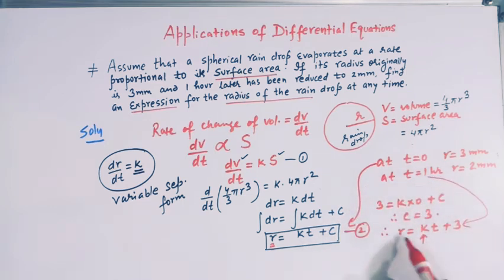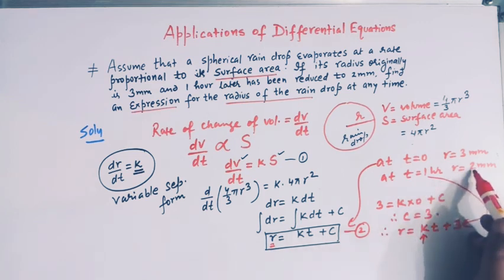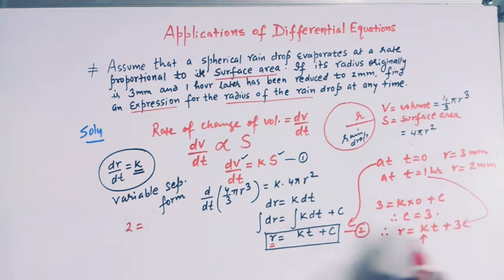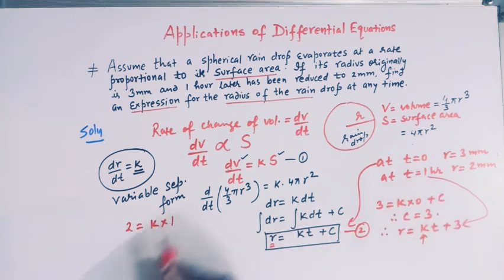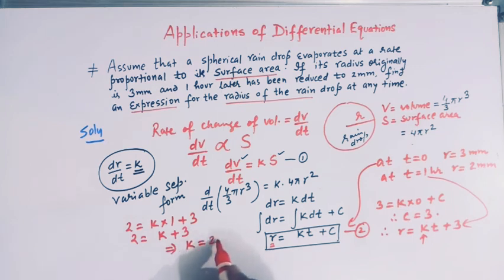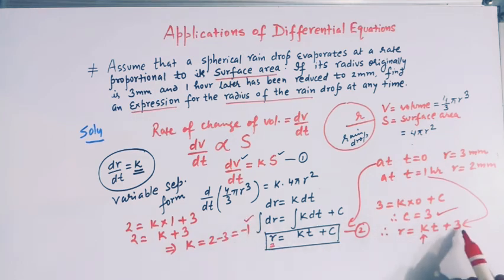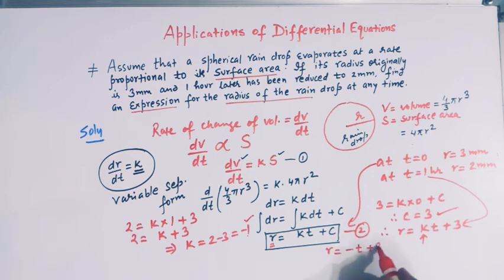Substituting this condition in this equation, r is equal to 2 and t is equal to 1, so we have 2 is equal to k plus 3, and solving this equation we get k is equal to 2 minus 3, that is minus 1. Now if we substitute k is equal to minus 1 here, we get r is equal to minus t plus 3.